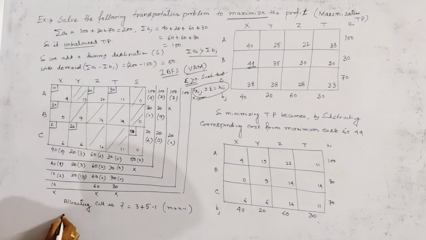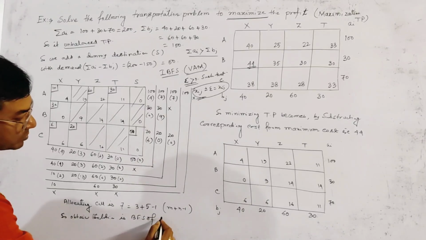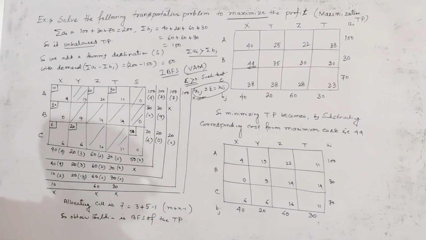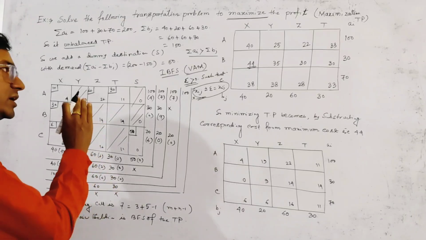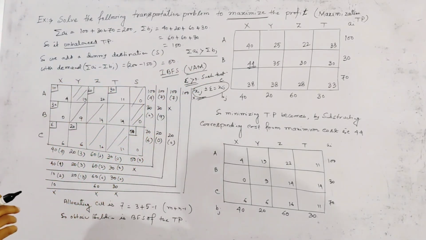Okay, so the obtained solution is a basic feasible solution of the transportation problem. Okay, so we get the initial basic feasible solution of the transportation problem by using the Vogel approximation method.